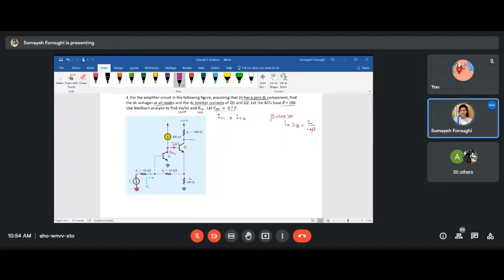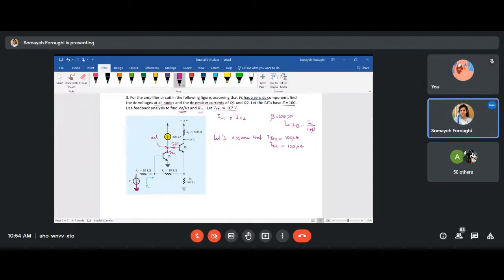For now, let's assume that IB2 is pretty negligible, but still, let's divide that 200 microampere in both. If you write the KCL in this node, IB2 will become 100 microampere, and IC1 will also become 100 microampere.